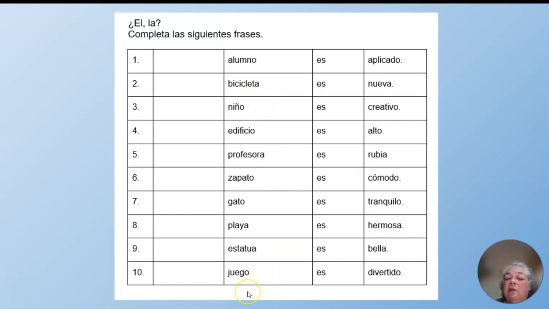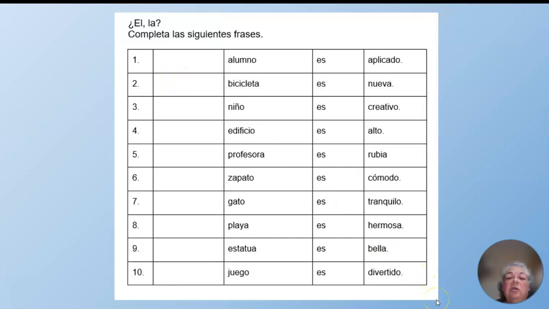We have not done anything in plural today, just singular. So your options, again, are going to be el or la. As a reminder, look at the noun, determine if it's masculine or feminine by the last letter. If it ends in O, then it's masculine. If it ends in A, it's feminine. And then write the appropriate definite article.